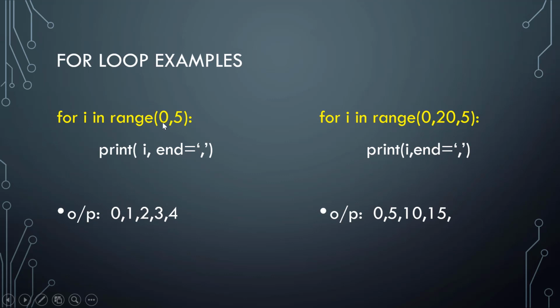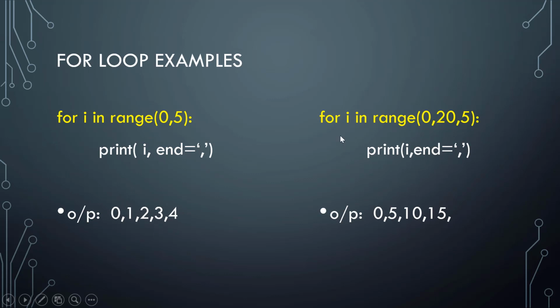It starts from 0 and goes to n minus 1. Here n value is 5, so up to 4 it will go. So 0 to 4 numbers will be printed because of the print statement. First i contains 0, so 0 will be printed. Next iteration 1, then 2, 3, 4. The output will be 0, 1, 2, 3, 4.